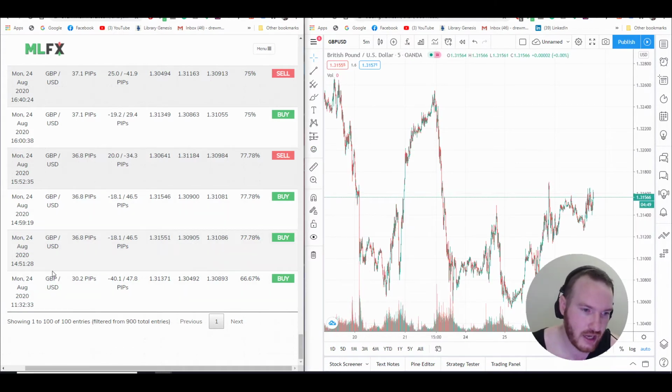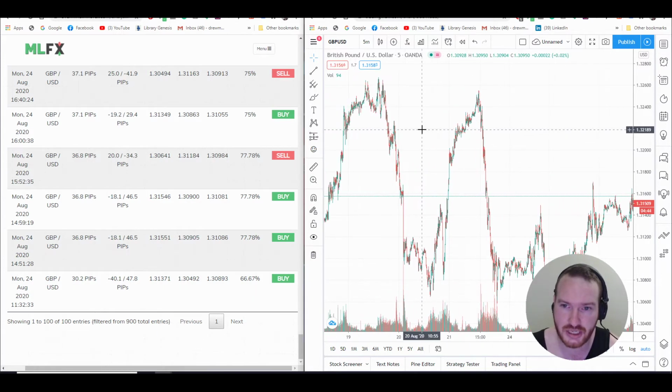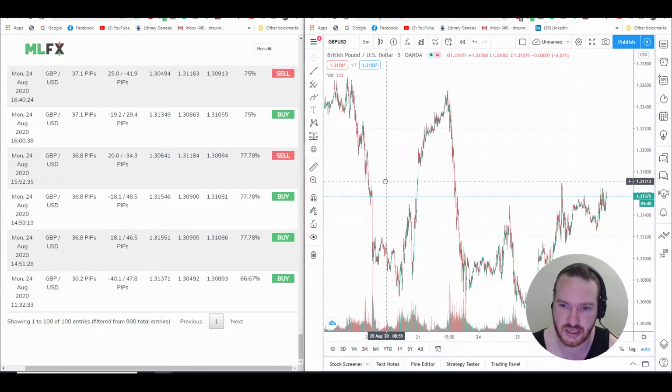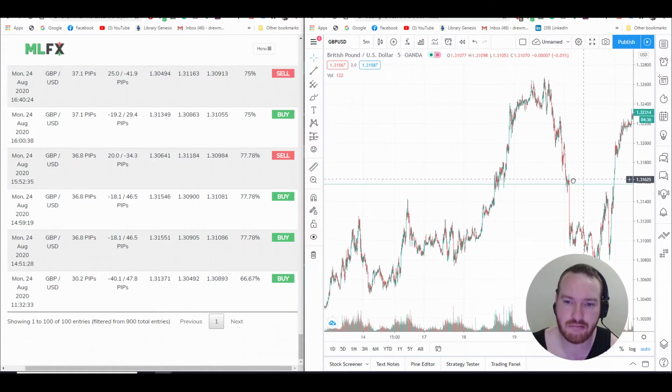So starting on the 24th, and this is the GBP USD on the left here, you can see it's actually a sideways market, really, if you zoom out. Well, for these instances anyway, you could consider a slight downwards trend. Well, not really.